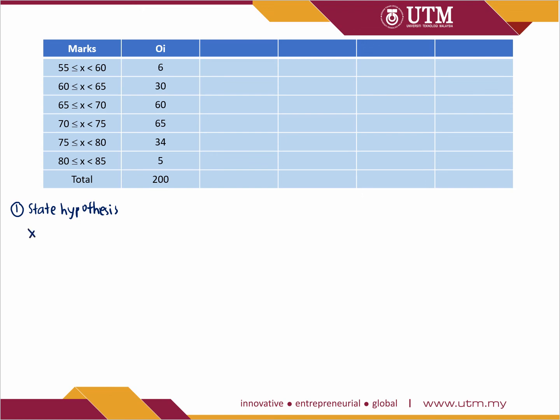So we define X as the marks obtained by the students, where this random variable X follows a normal distribution with mean 70 and standard deviation 5.